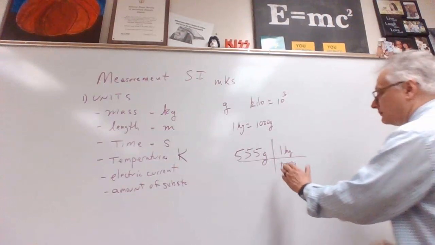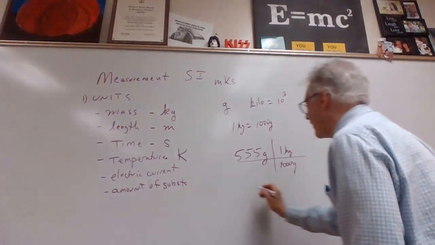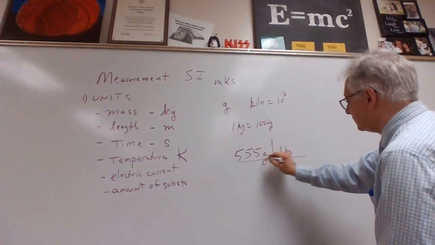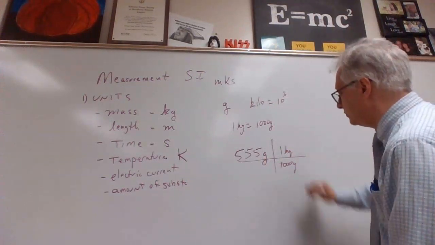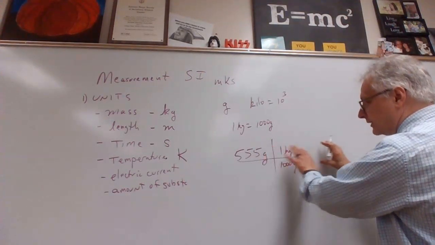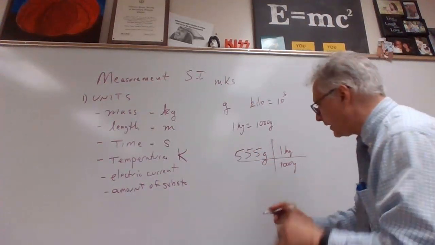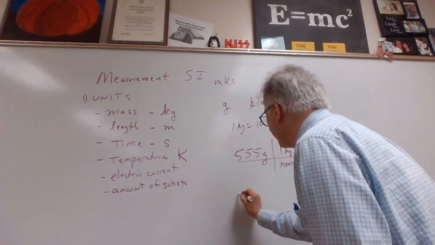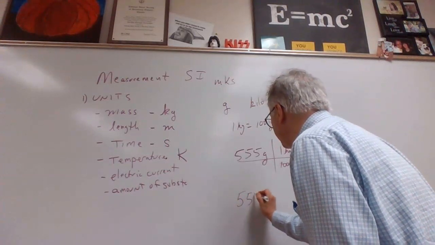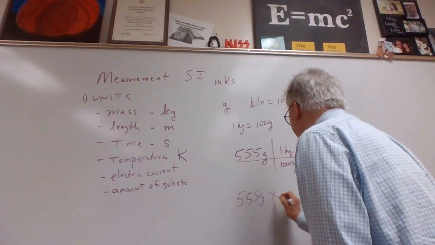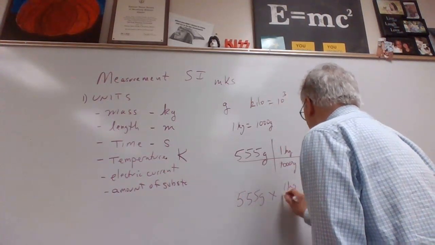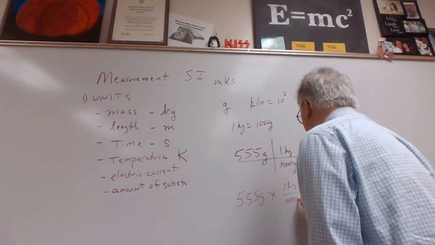And so when we do that, this is just like multiplying by a fraction. The way I write this with this little t, and I can keep going if I want to, it's like setting up almost like a little spreadsheet or something, but it helps you keep things in order, in line. But if you prefer, you can write it like this: 555 grams times 1 kilogram over 1,000 grams.